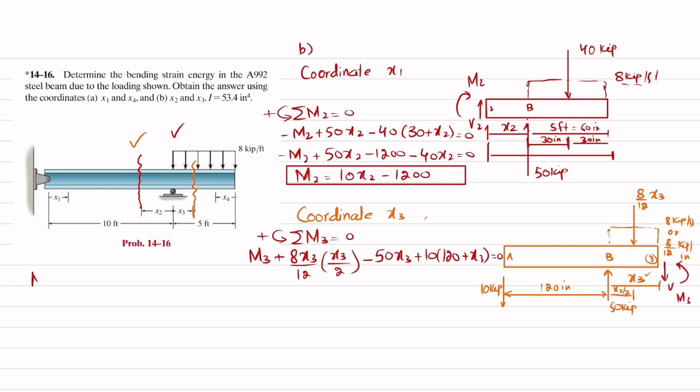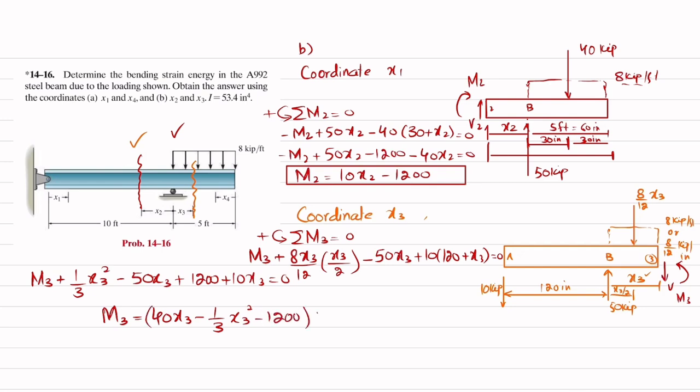So M3 plus 1 over 3 x3 square minus 50 x3 plus 1200 plus 10 x3 is equal to 0. So from here M3 will be equal to 40 x3 minus 1 over 3 x3 square minus 1200, and the unit will be kips into inch.